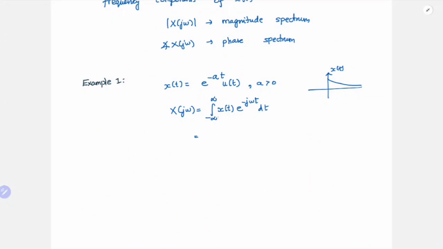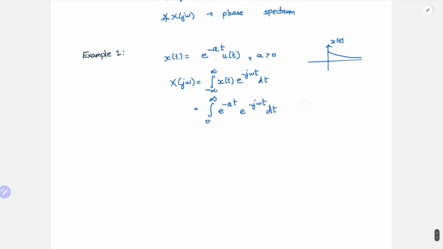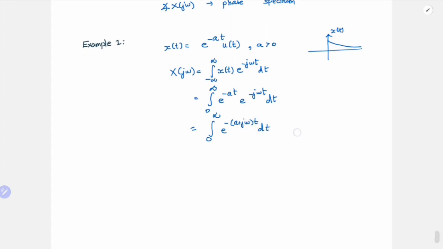So u of t means it's only valid from 0 to infinity. So directly we can write integral from 0 to infinity of e power minus at e power minus j omega t dt. Since both are exponentials and their product, we can combine them. So this is e power minus (a plus j omega) t dt.